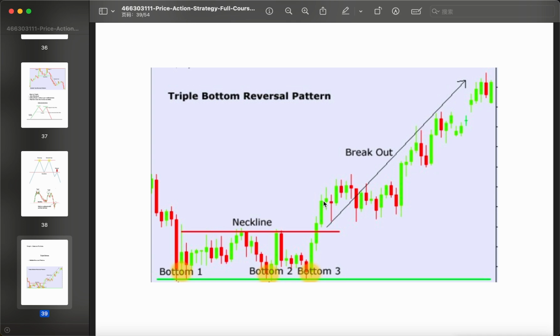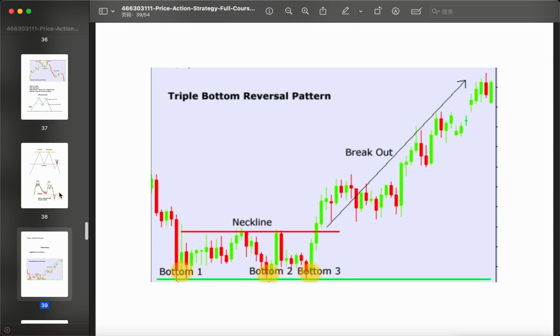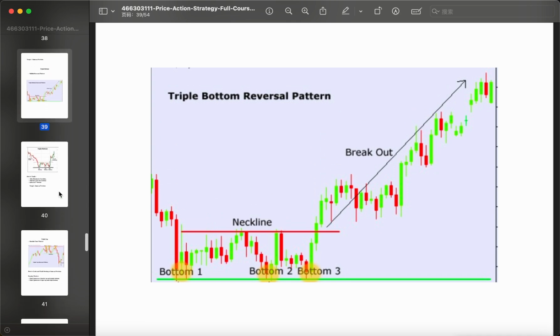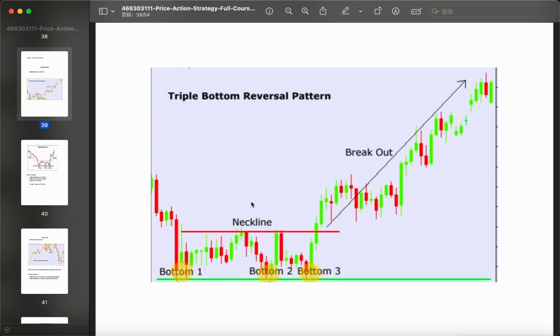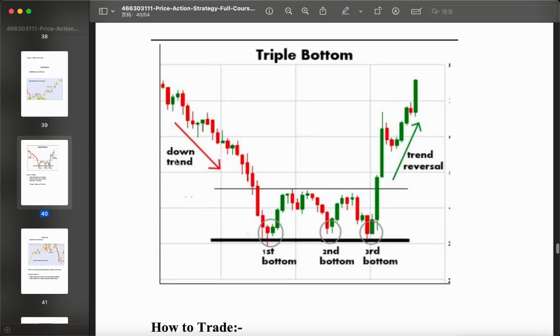That means it would take more time for you to become profitable, or either you get stopped out too early to enjoy the entire market profits. That's the problem. So this is the triple bottom. This is a downtrend. This is the first bottom, second bottom, third bottom, because you keep hitting the support level, and then you see the market going up.